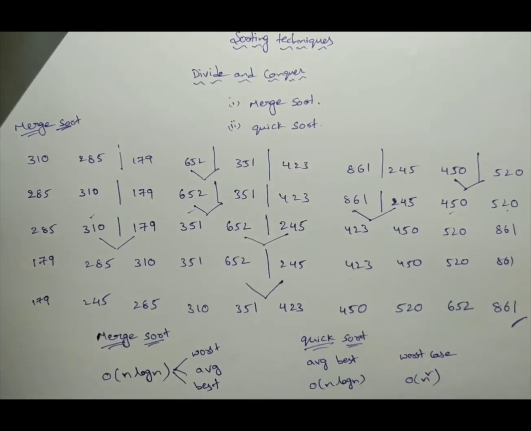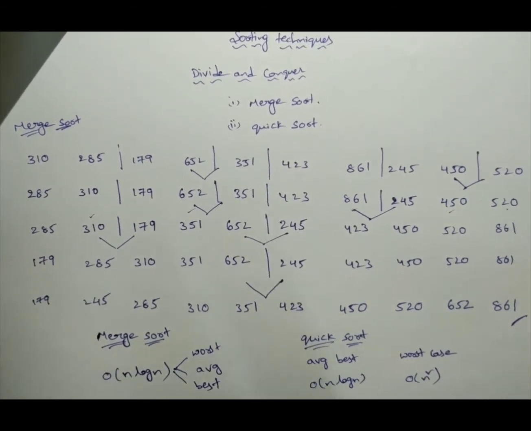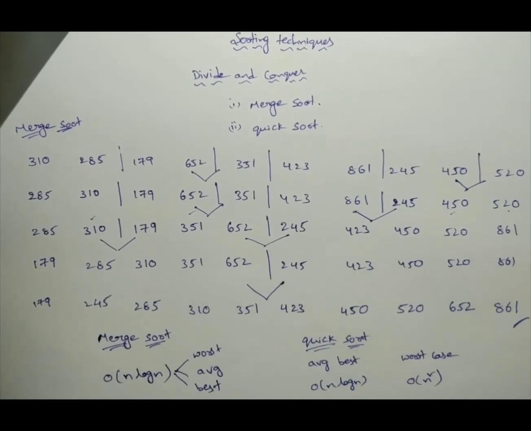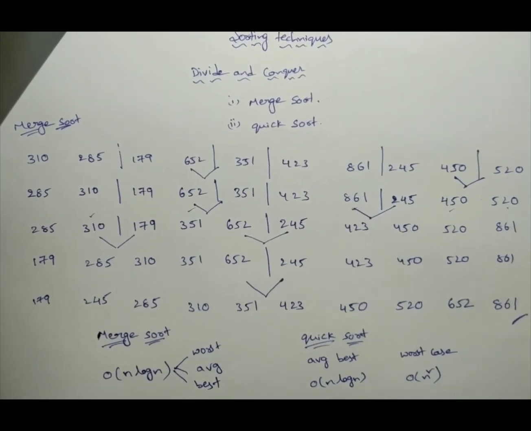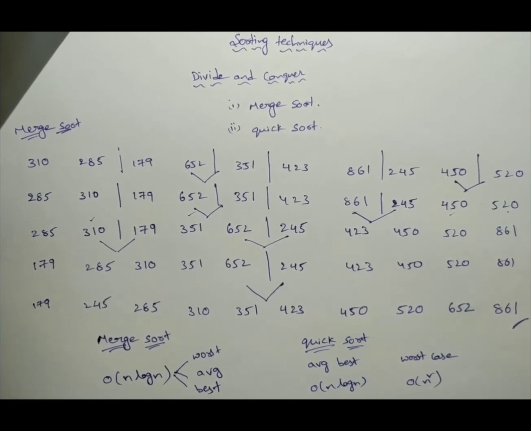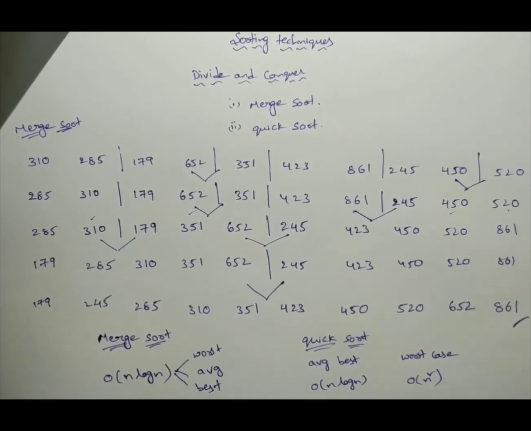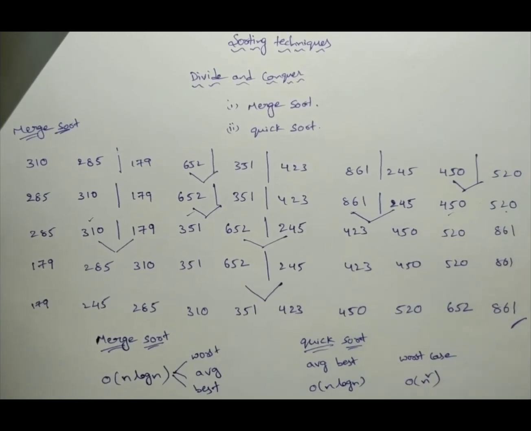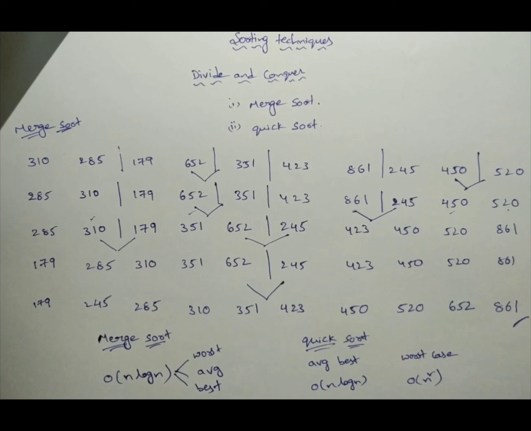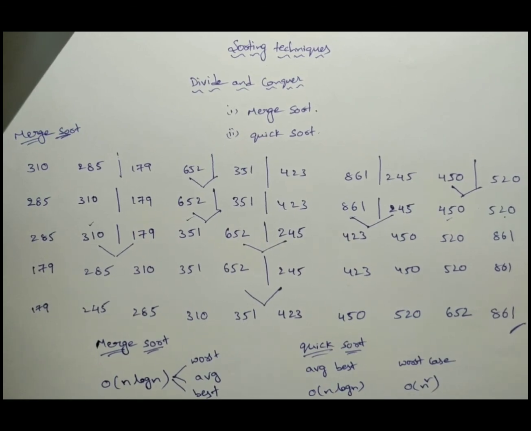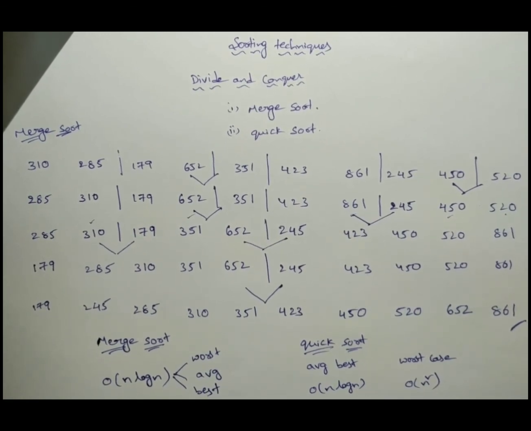Because the pivot element is placed either in the middle of the list or at least it may come nearer to the middle position. Okay, but in the worst case the position of the pivot element will be at the end of the list or at the beginning of the list. In those cases the worst case time complexity occurs. Okay, so in this quicksort technique the choosing of pivot element plays the major role.